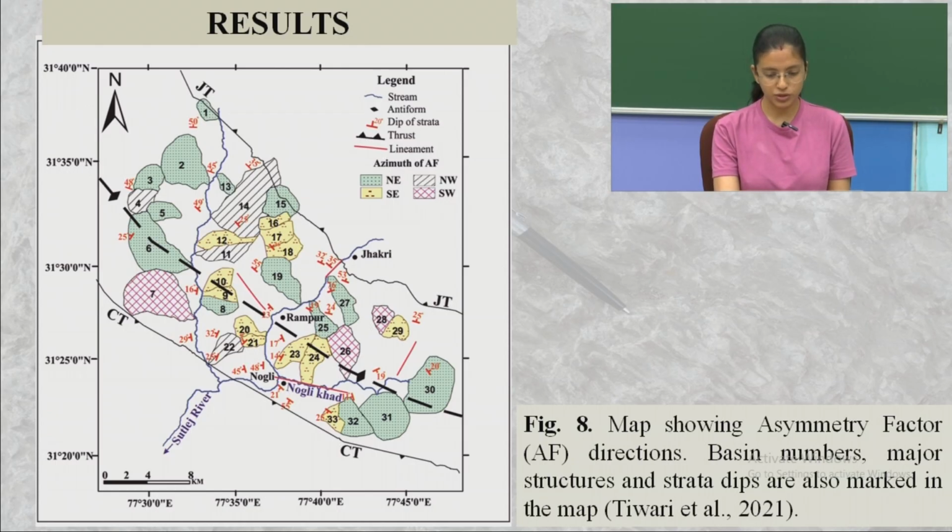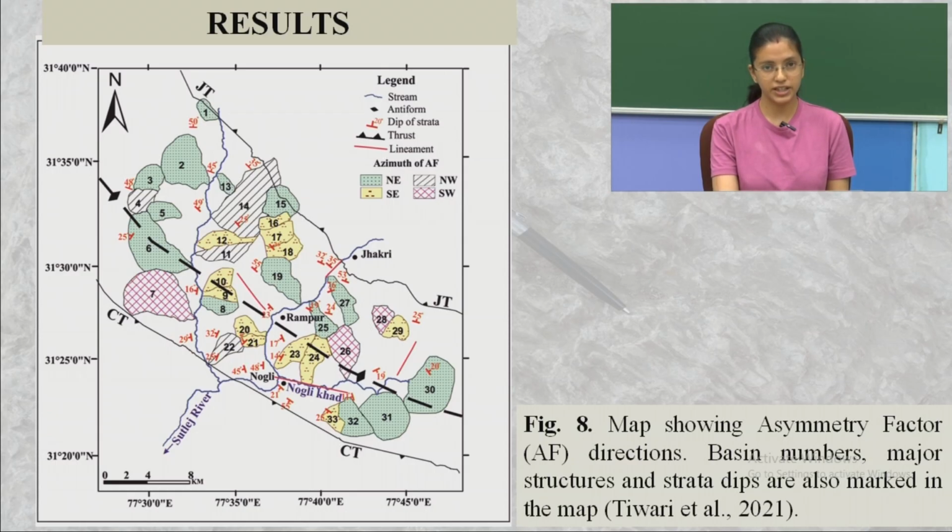Coming to the azimuth, we found that from these 33 drainage basins, almost 13 basins were showing tilting in northeast direction, 12 basins were showing tilting in southeast direction, 3 basins in southwest direction, and 4 basins in northwest direction. However, we found that from these 33 basins, 10 basins were showing tilting due to some strata control. That is, the dip amount was controlling the tilting of the basin.